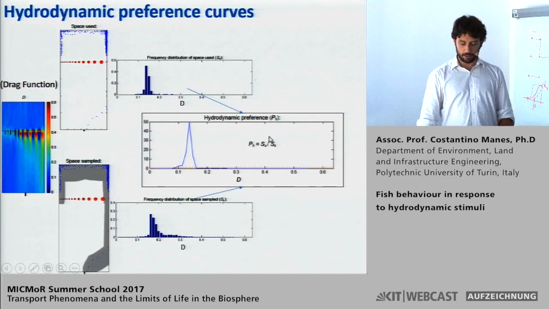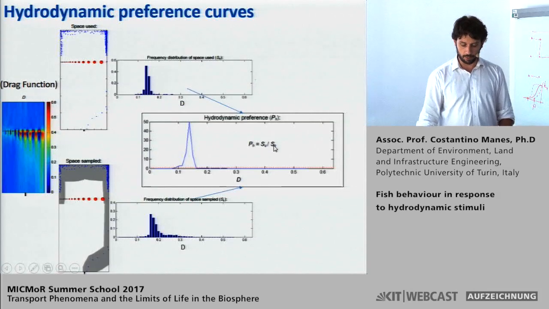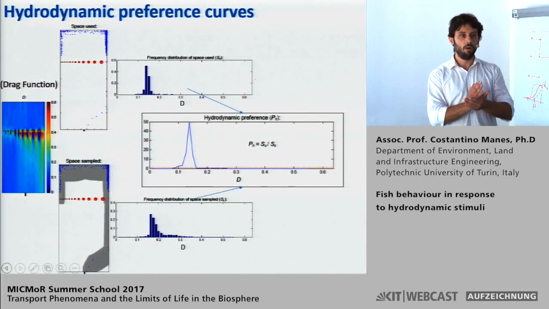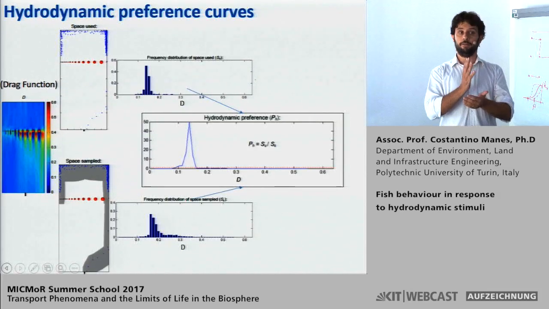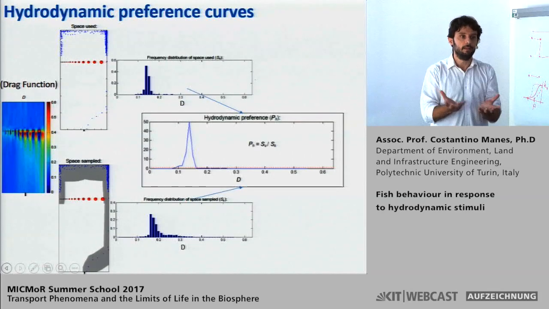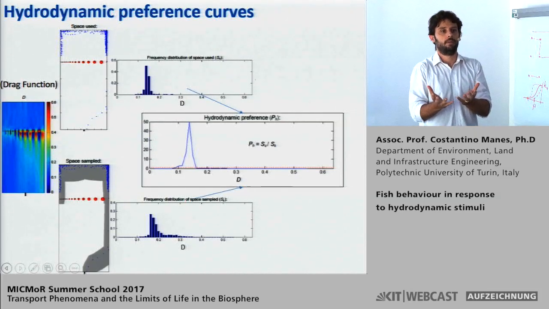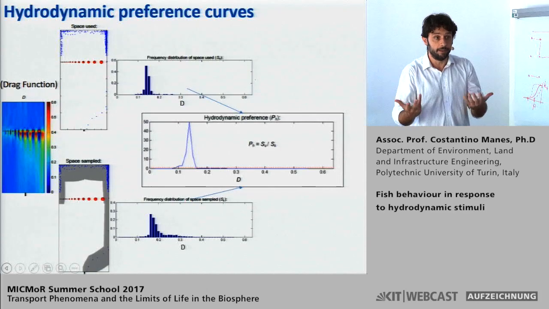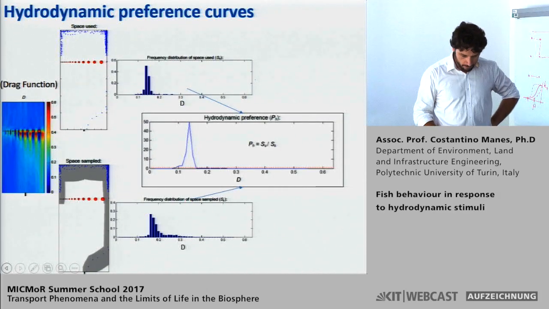Hydrodynamic preference was just defined as the ratio between space used and space sampled, just to reflect the fact that we can only define the preference the fish showed within the hydrodynamic environment he managed to sample, to feel. Okay, that was the idea.